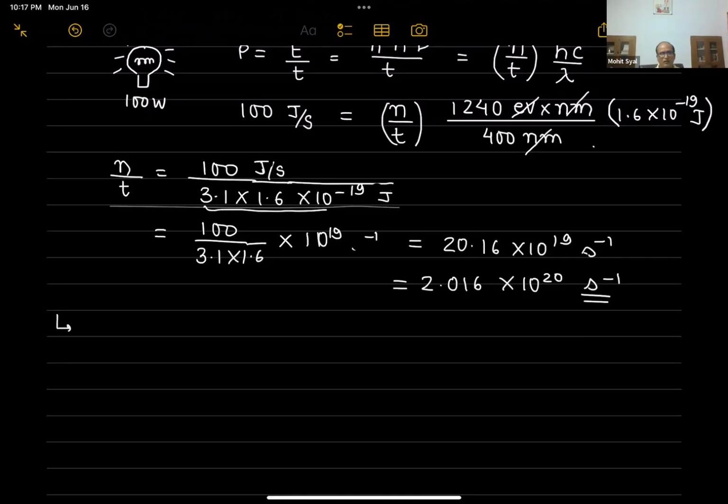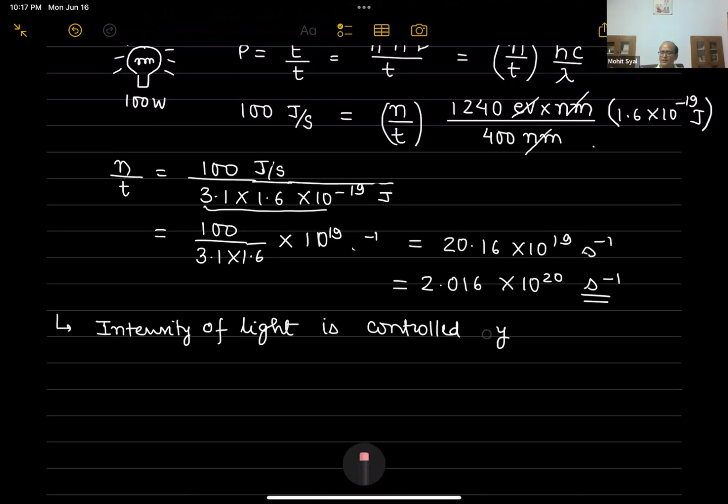In the quantum nature of light, or the particle nature of light, intensity of light is controlled by the number of photons.